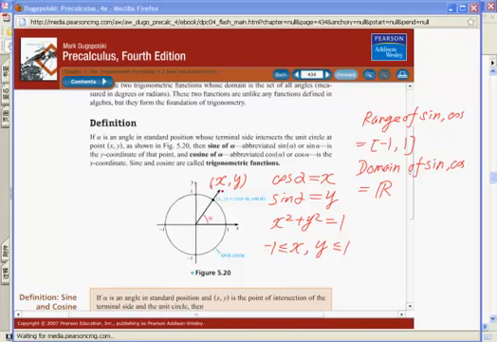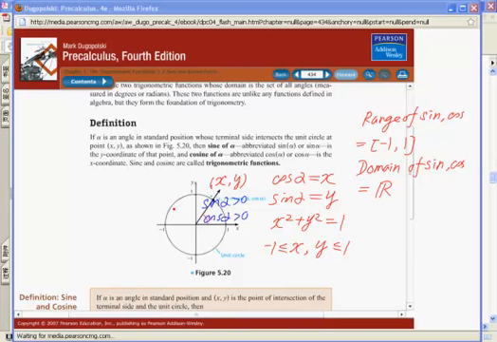What is the sign of x and y in quadrant 1? Positive, right? So in quadrant 1, your sine and cosine must be greater than 0. Okay, so let me use another color. So you have sine alpha bigger than 0, cosine alpha bigger than 0 in quadrant 1.